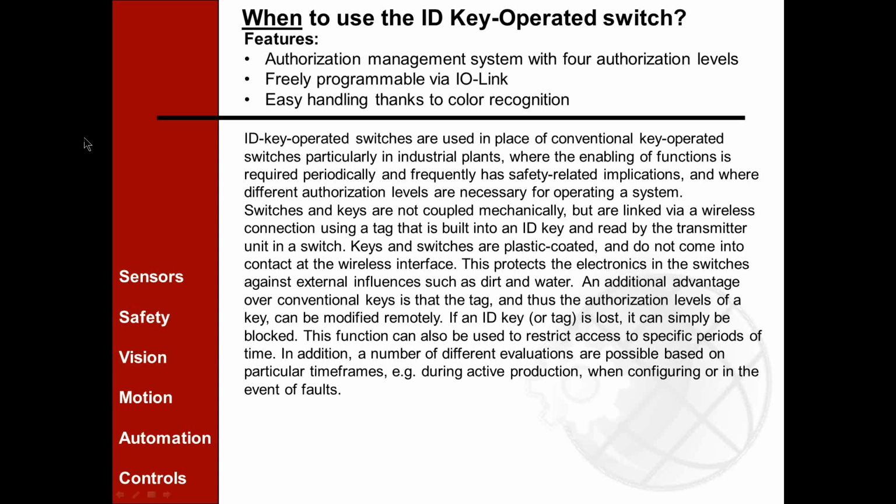So the ID key switch operates in place of traditional key operated switches, card readers, even logins that people might use through an HMI or a computer. It's basically used for identification of authorized users of a machine or functions of a machine, and also could be used for recipe management.